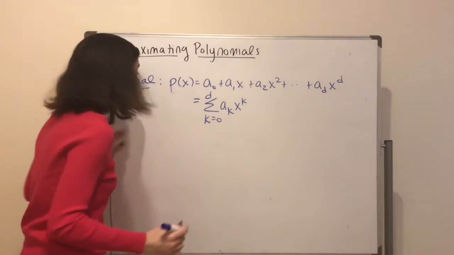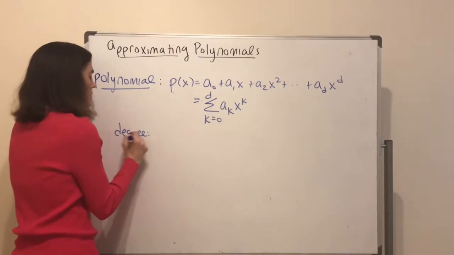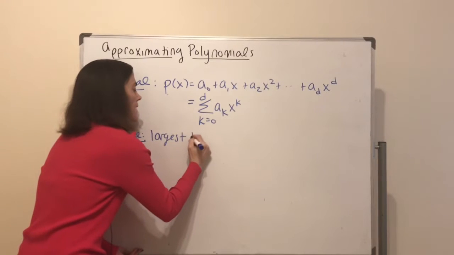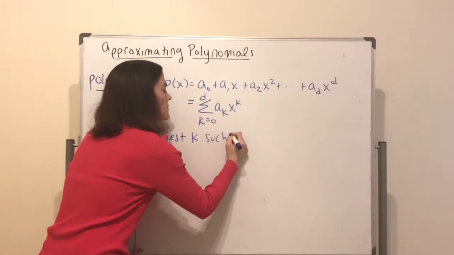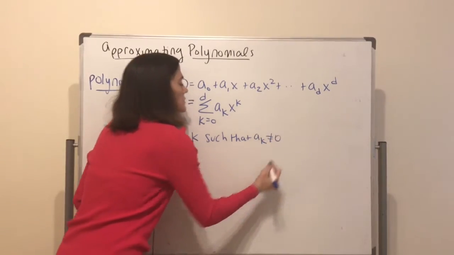This is a polynomial where the degree is the largest k such that a_k is not equal to 0.